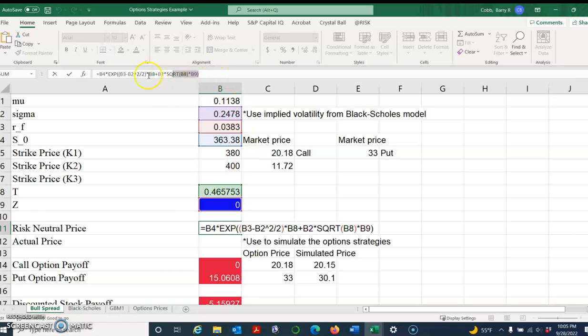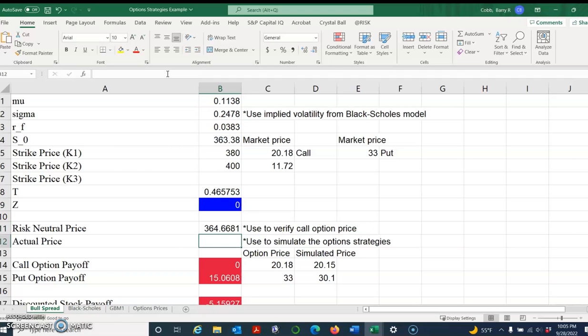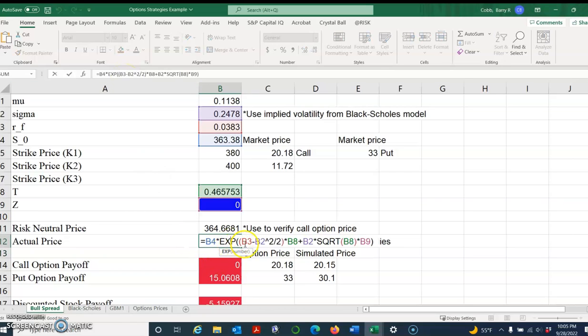So I'm just going to copy all of this formula, highlight it and use Control-C, and then paste it down here in this cell where we have actual price, and then adjust one thing, and that is we're going to change the rate at which this stock is simulated to grow to B1, which is the mu hat that we estimated for the geometric Brownian motion.